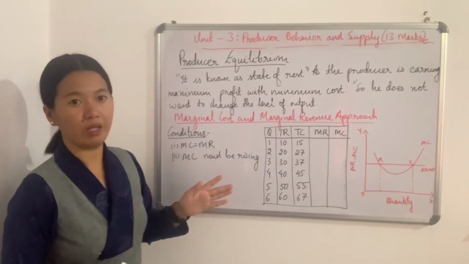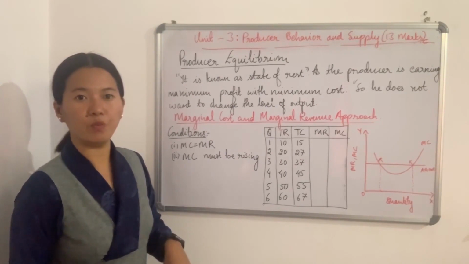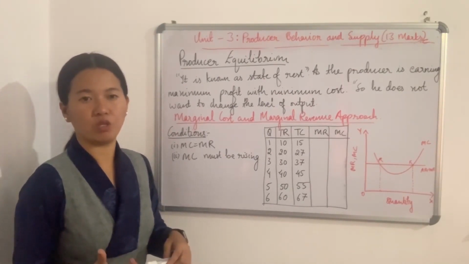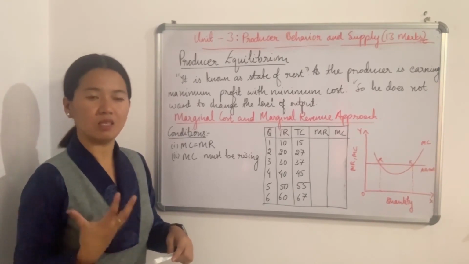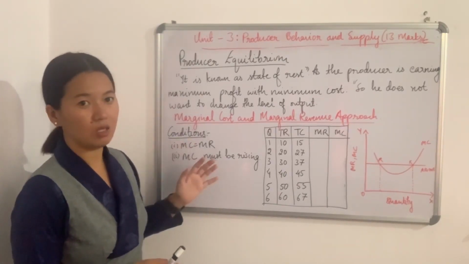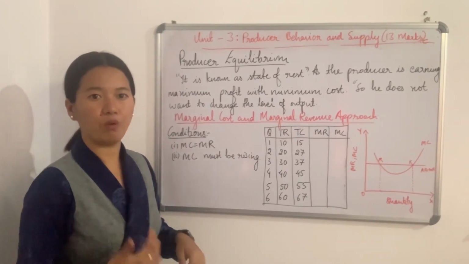Before I go to producer equilibrium, I would like to remind you of consumer equilibrium, where the consumer tries to maximize his satisfaction. What the consumer needs is satisfaction by consuming the commodity, whereas in producer equilibrium, what the producer wants is to earn maximum profit.